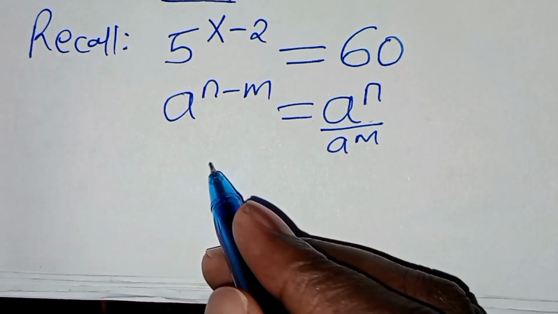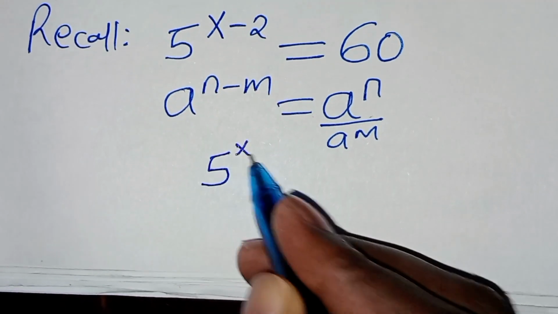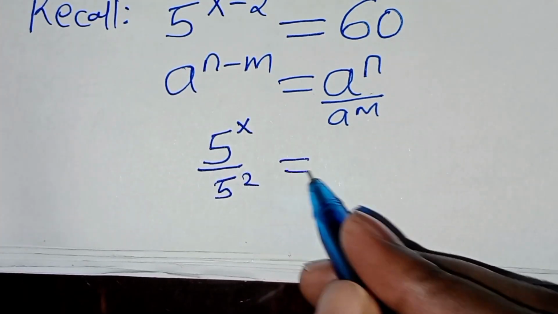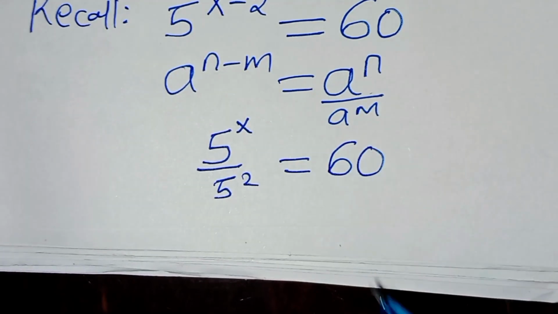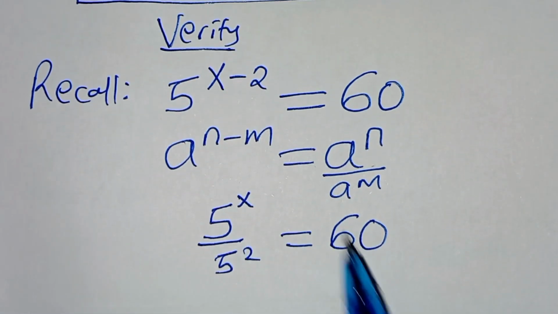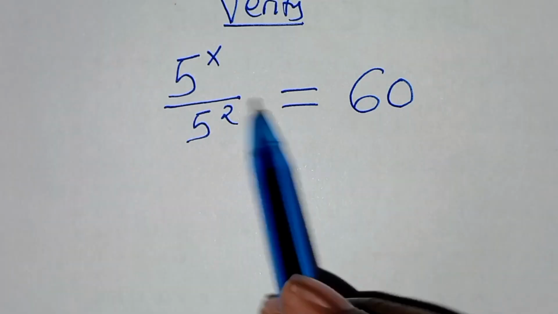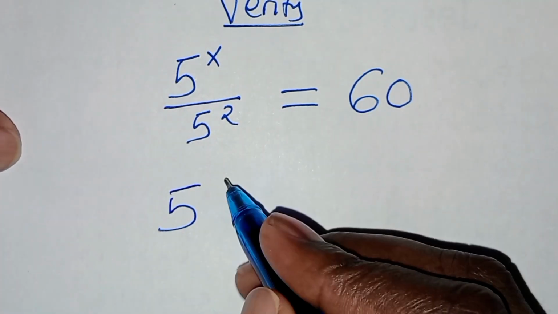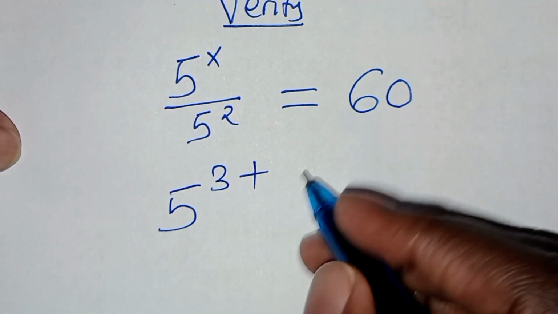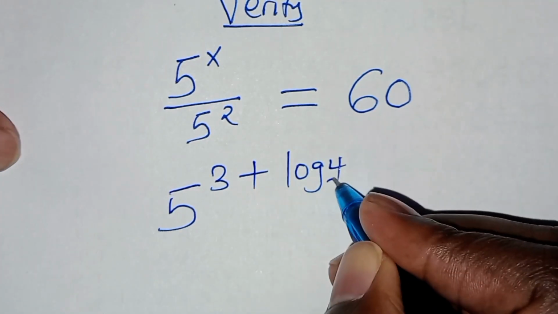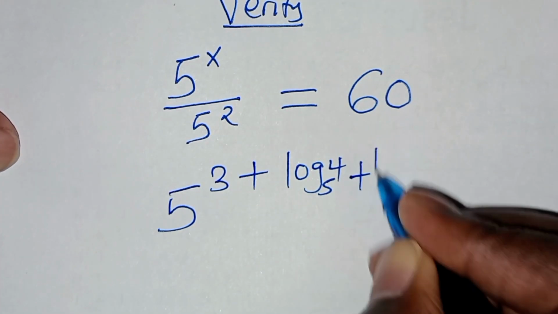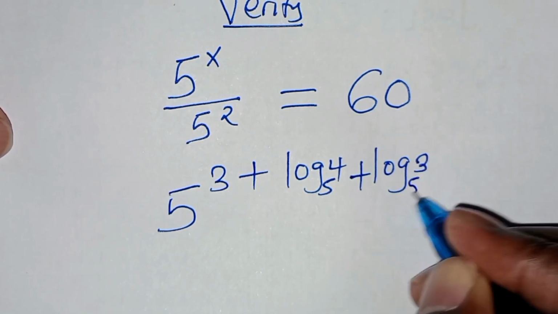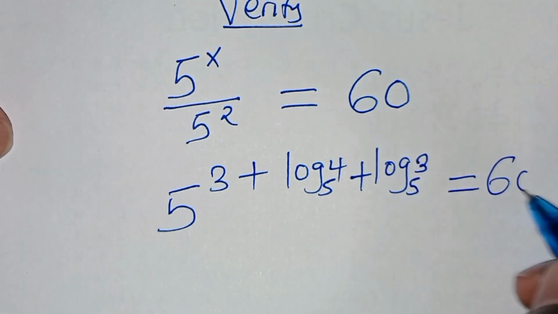Applying this exponent property, this is the same thing as 5 to the power x divided by 5 to the power 2. Let's substitute the value of x here. So we have 5 to the power 3 plus log 4 to base 5, plus log 3 to base 5. This should give us a value of 60.